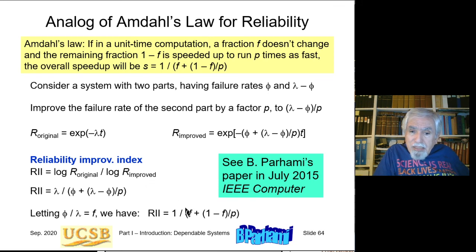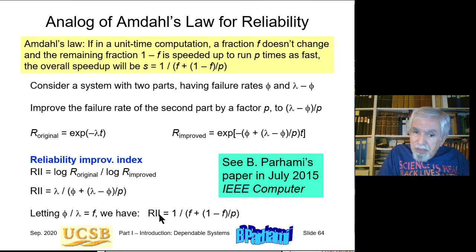Well, if you do the math, you see that the reliability improvement index will look very similar to Amdahl's formula. It basically says the fraction that was not improved, and the fraction that was improved by a factor of p, dictates this reliability improvement index. In particular, if p is infinity, in other words, you make this part of the system infinitely more reliable, of course you can't do that in practice, but for the sake of argument, let's say p is infinity.